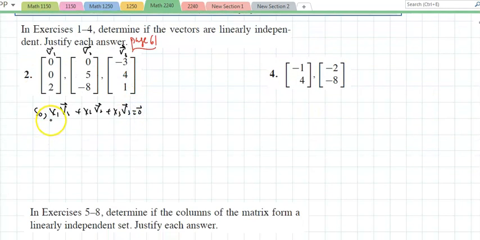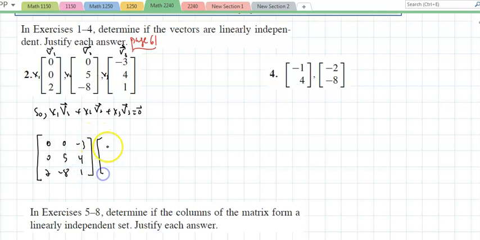Meaning, if I take x1, x2, x3, and add those, isn't that the same as saying the matrix with columns 0, 0, 2, and 0, 5, negative 8, and negative 3, 4, 1, times x1, x2, x3 equals 0?